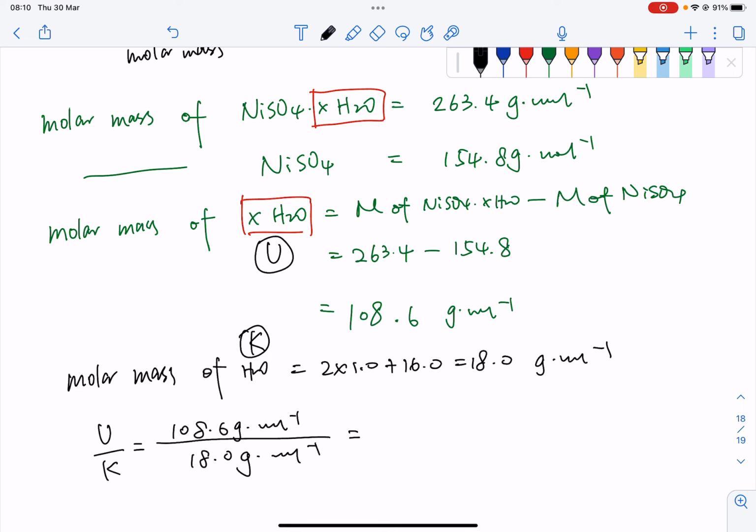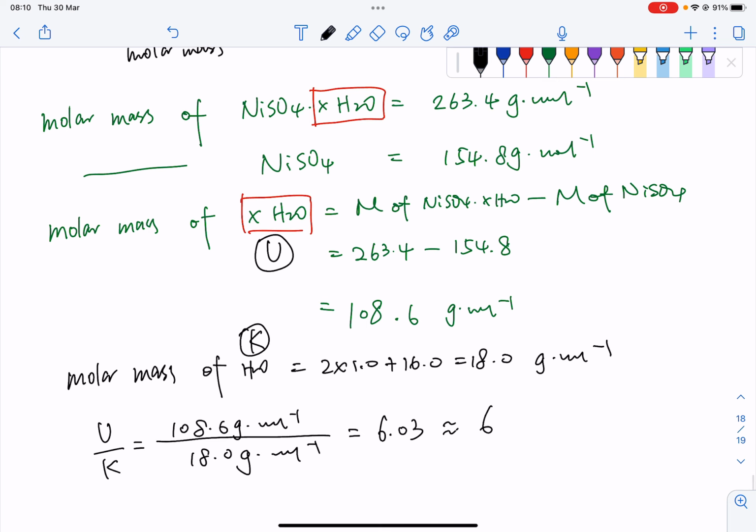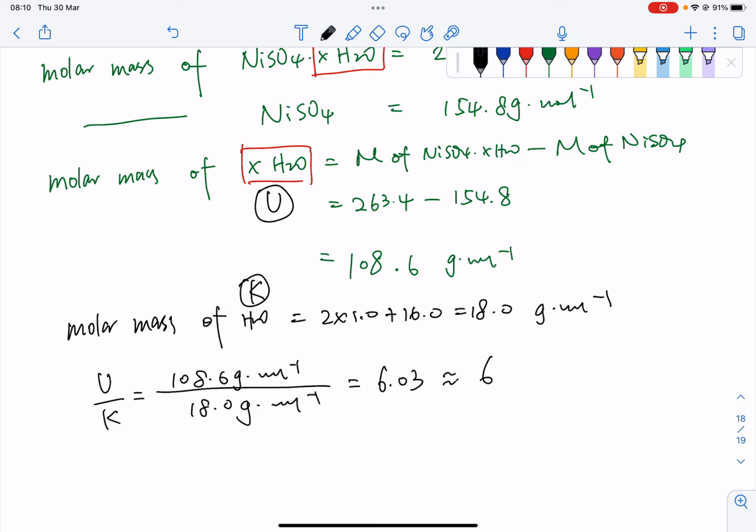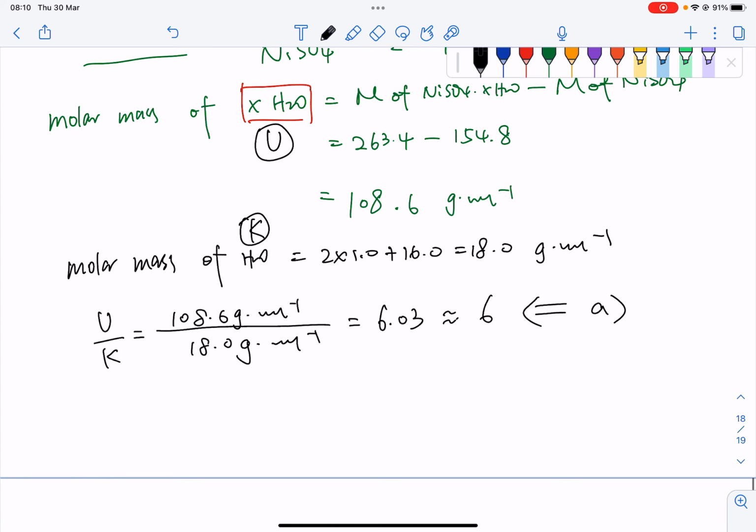The ratio is 6.03, and because the ratio has to be a whole number, we round it to 6. This is the answer for part A: the integer x is 6.